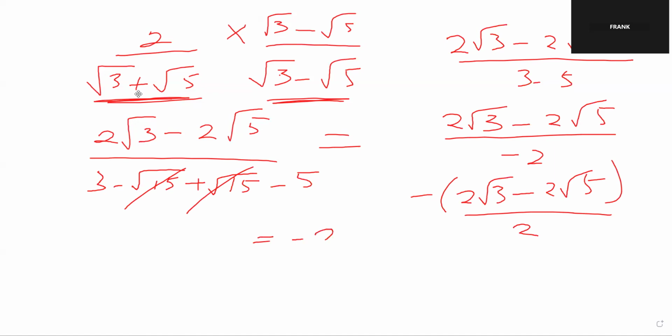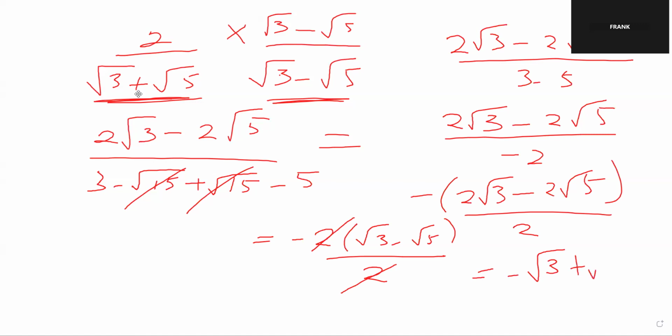So negative 2 out, root 3 minus root 5, all out of 2. So negative times root 3 is negative root 3. Negative times negative root 5, that's plus root 5. So you can see our answer is root 5 minus root 3. That's it.